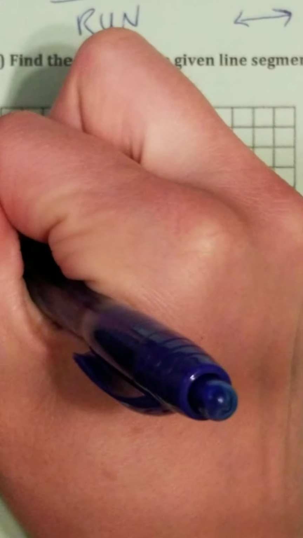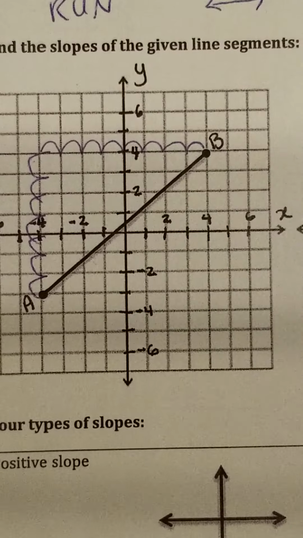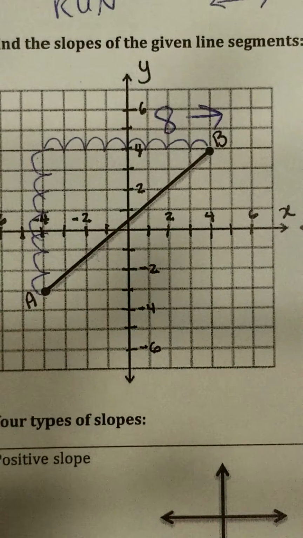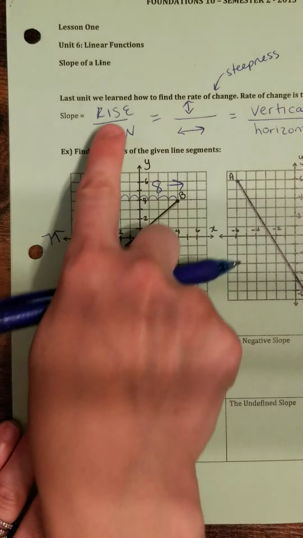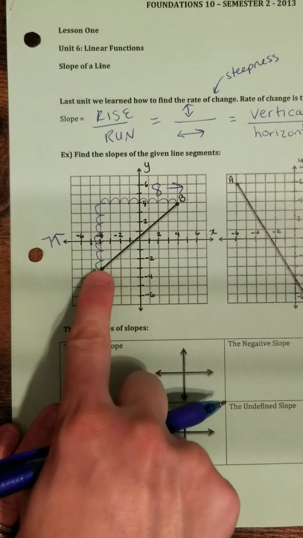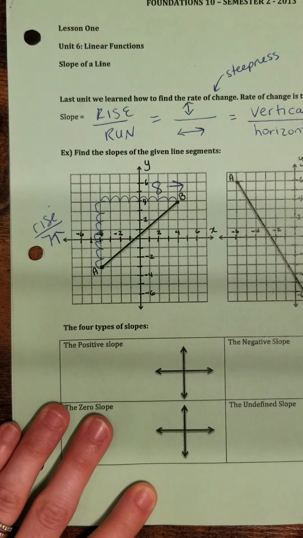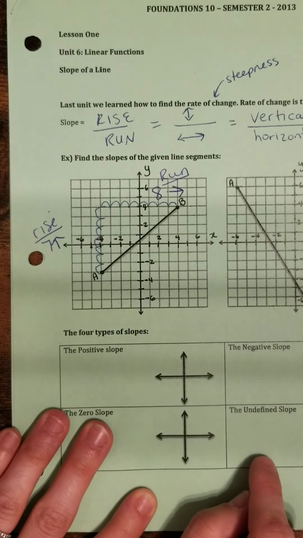So I went 7 units up. I wrote that there, 7 units up and 8 units to the right. So my slope is rise over run. My rise is I went 7 up, and my run is 8 to the right.